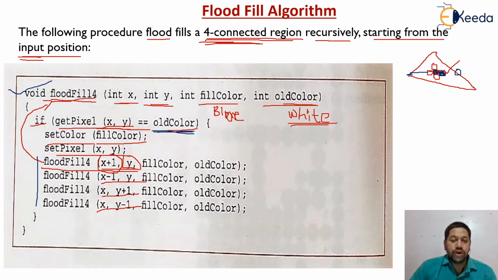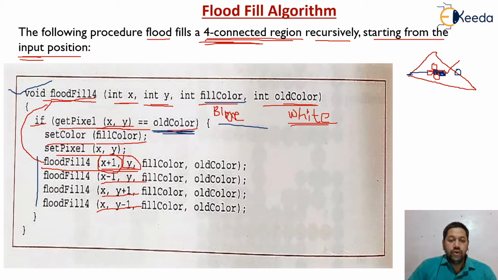But here we are not considering the boundary color, we are just considering the old color as the interior color, or background color. If it has the interior color or background color, fill it with the fill color. This procedure is followed recursively by the flood fill algorithm. I think you have understood the flood fill algorithm and its recursive function in detail.